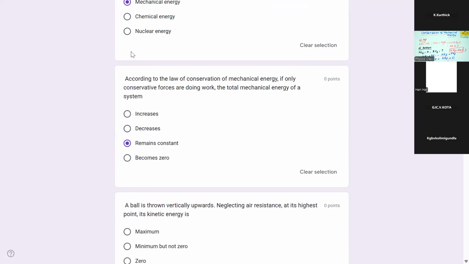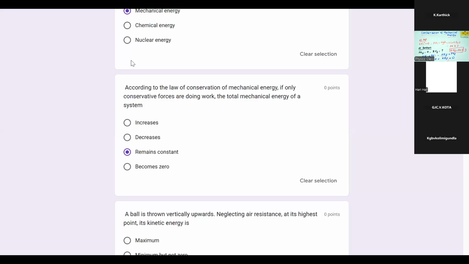For the second question, the answer is C, remains constant.